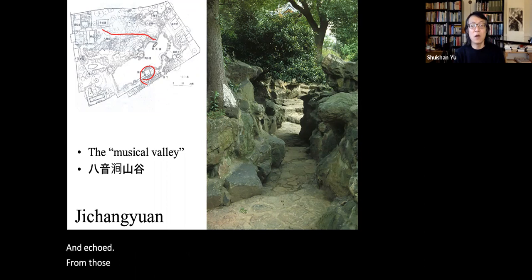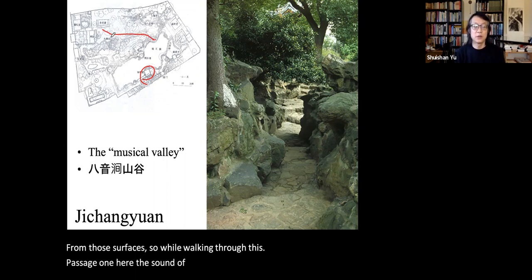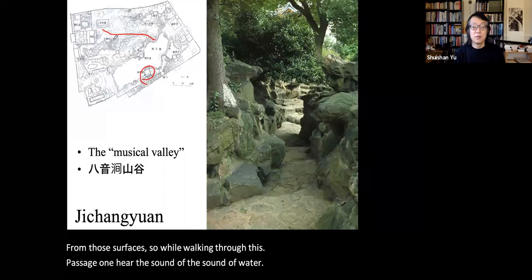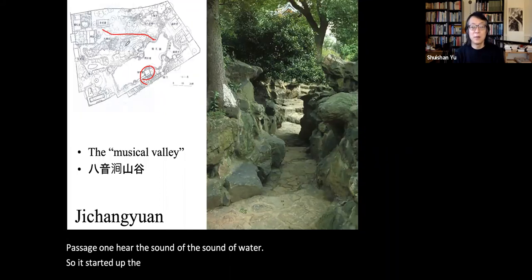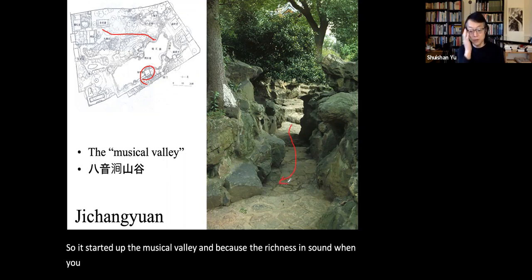So while walking through this passage, one hears the sound of water. So it's called the musical valley, because of the richness in sound when you pass through this passage.